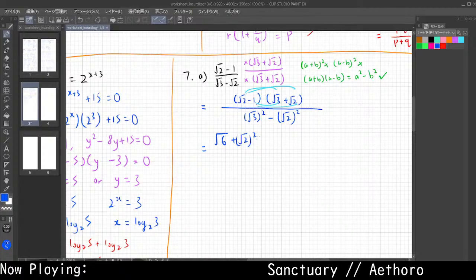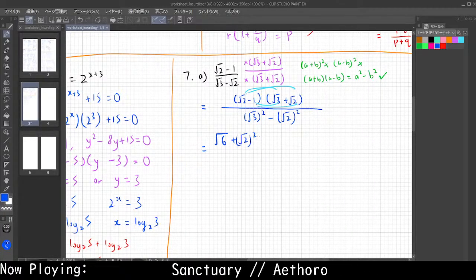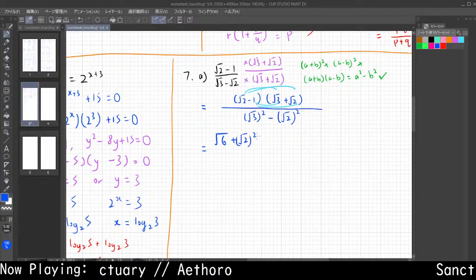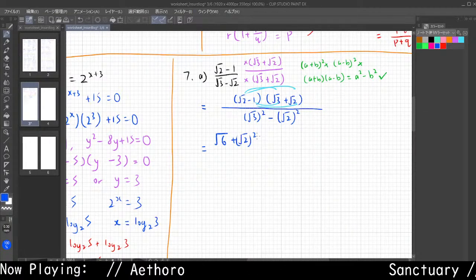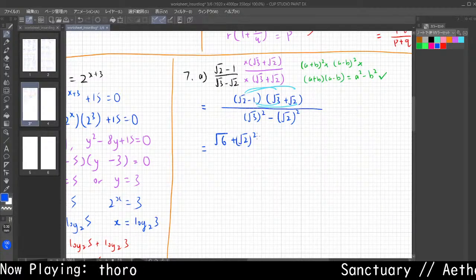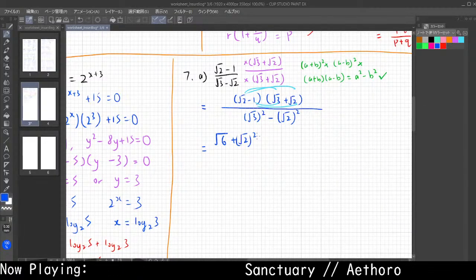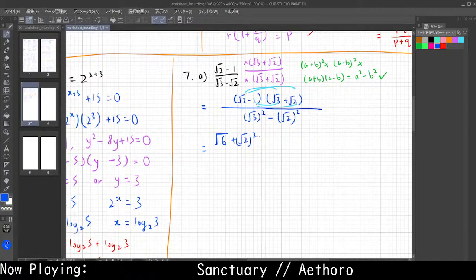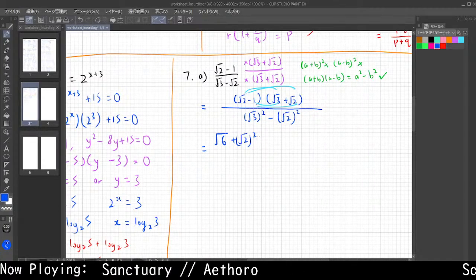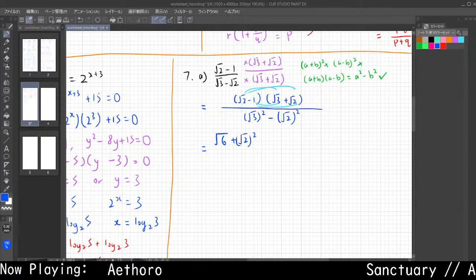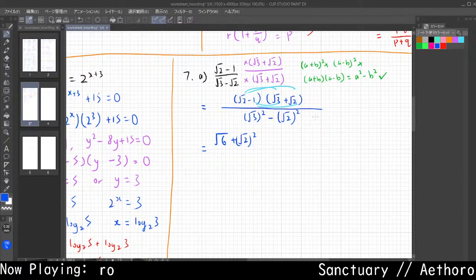I remember I did mention this during the live streams. If you move the terms around on the same side, which in this case we only have one right hand side, the sign wouldn't change because the sign is attached to your number. Okay, so your plus is attached to both square root 2 cases. It's not minus. Okay, so square root 2 times square root 2, you get square root 2 squared.